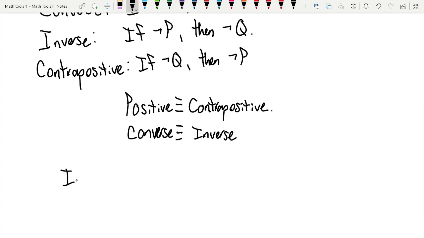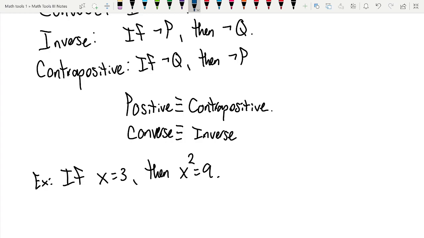So the positive statement maybe would be: if x equals 3, then x squared equals 9. Okay. Well, then the contrapositive of this would be: if x squared does not equal 9, well, in that case, certainly x cannot be 3, right?